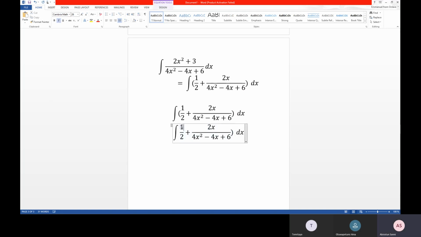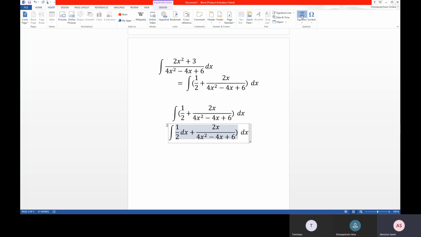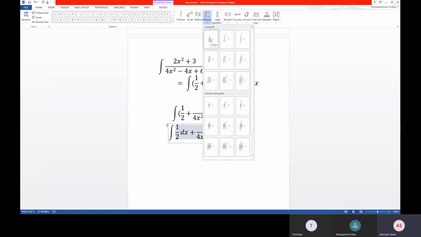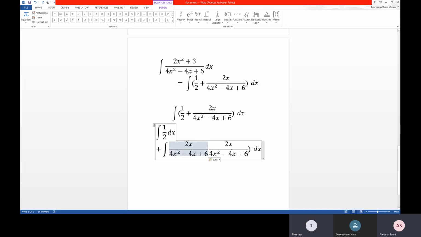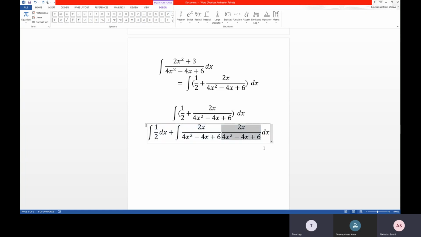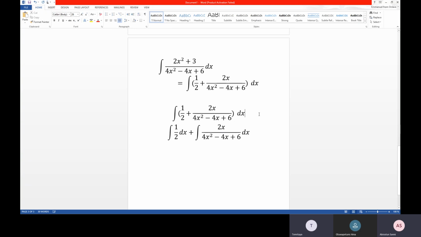So this is going to be equal to, I can remove this bracket, say integral of half dx plus, let me put this sign, plus integral of this dx.